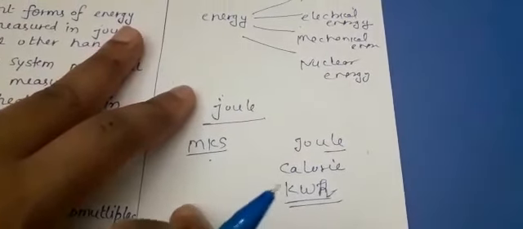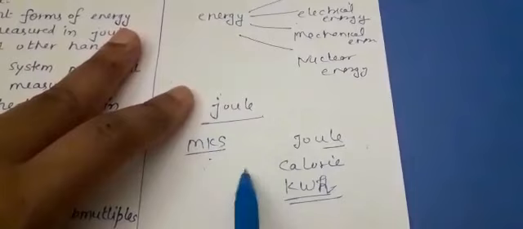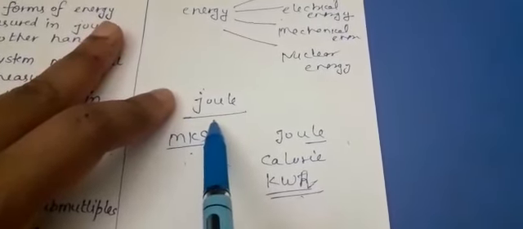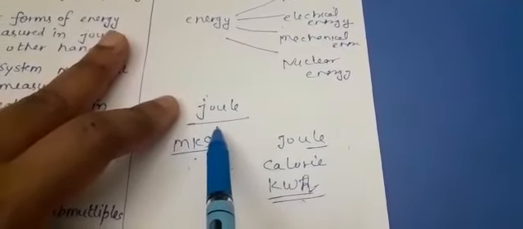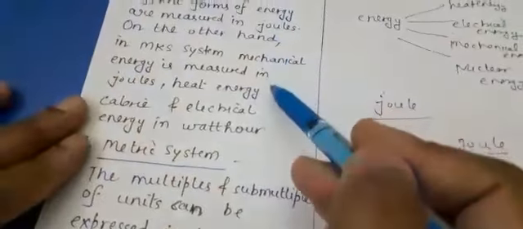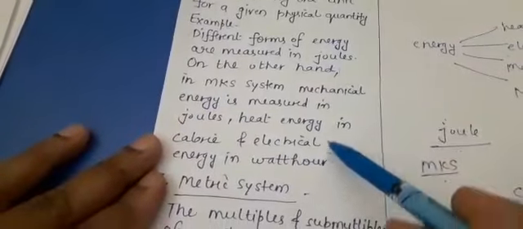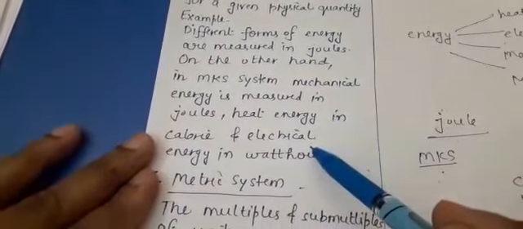You have heard about this kilowatt hour, the commercial unit of energy. We studied it in class 9th, with conversions also. So this is the main point: in MKS system, different energy units will be different. But in SI system, only one unit will be used, that is joule, for all types of energy. I have written this point in language, and you can learn it from here. This example I have explained for it.